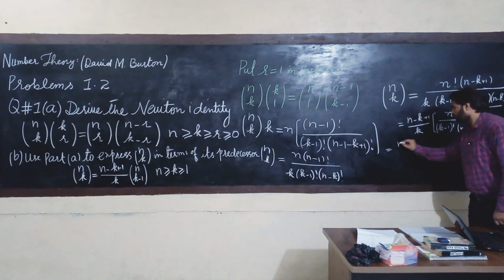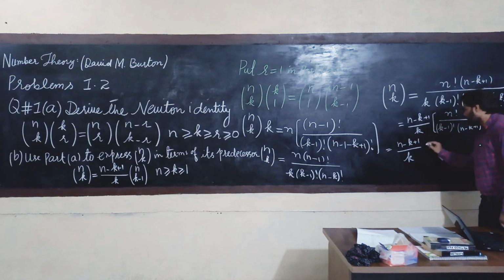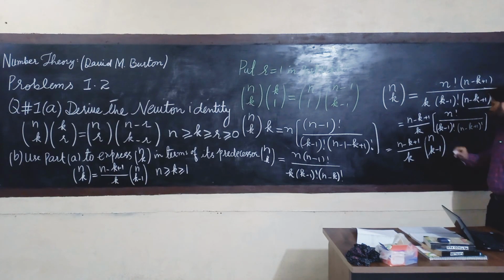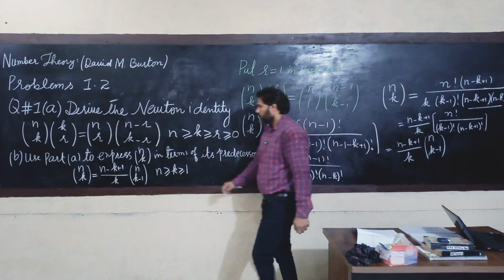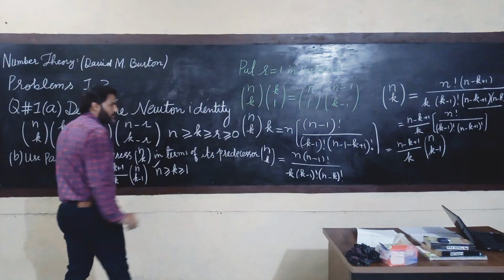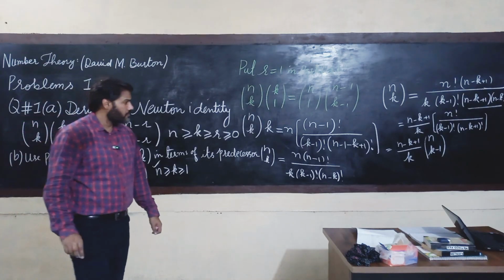And finally you can write it as (n minus k plus 1) over k, this is n choose k minus 1. So this is equal to the binomial coefficient n choose k minus 1, which is equal to the right hand side of the expression.